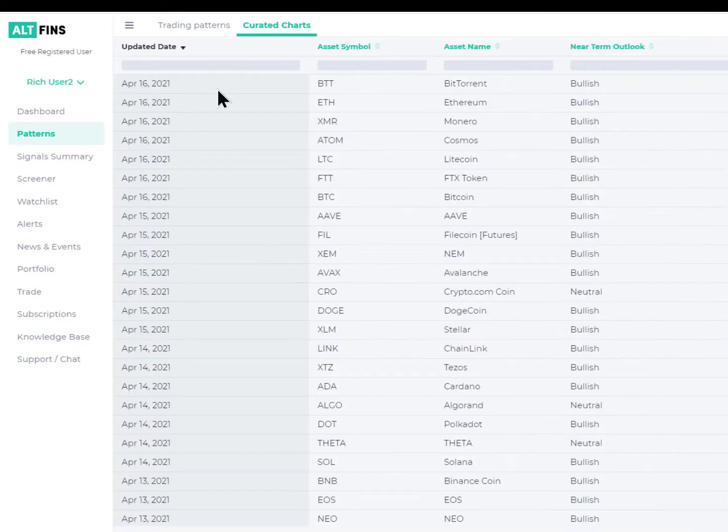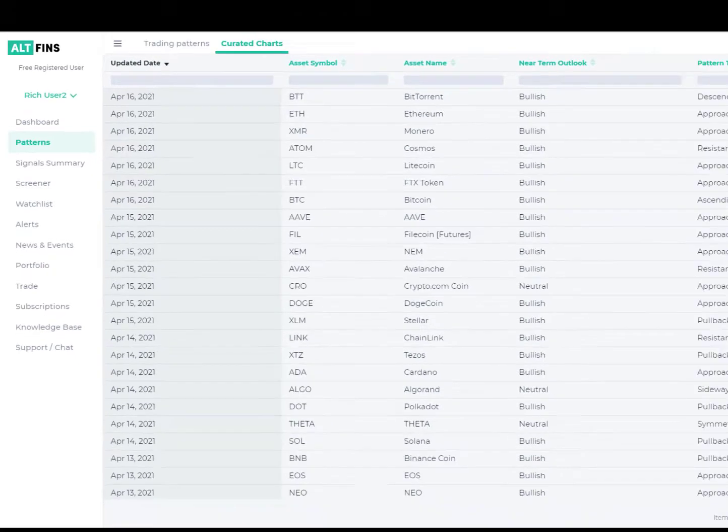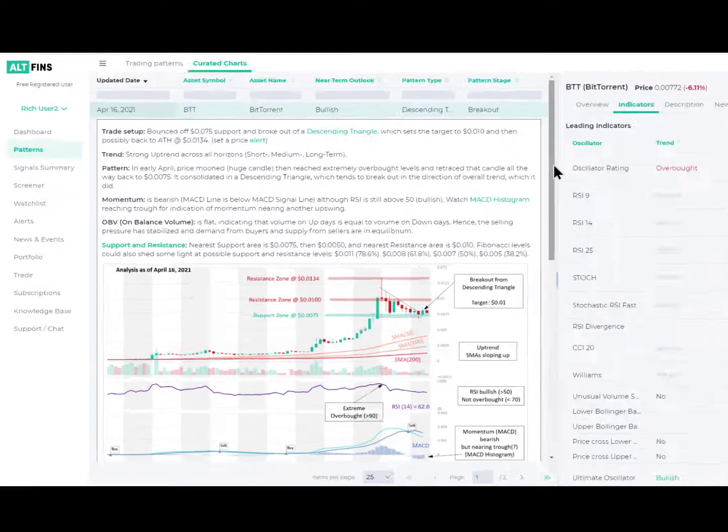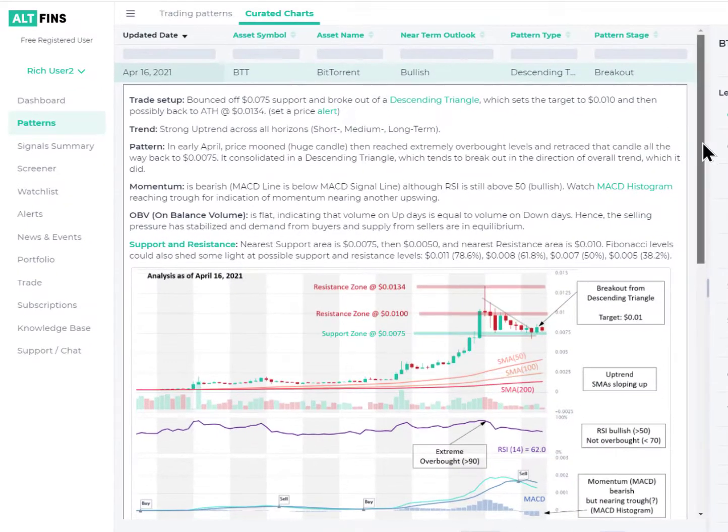So again, when you open up some of these ideas and we rank them or sort them by the date that they were refreshed, the first one on the list is Bittorrent BTT. It says the near-term outlook is bullish. The pattern type is descending triangle, and the pattern stage is breakout. That's great. Breakouts are great opportunities to take advantage of.